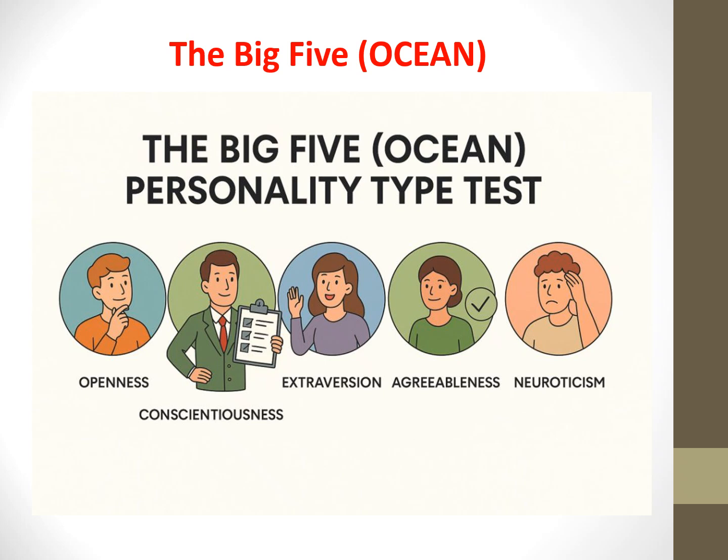The five core dimensions are openness to experience, that is creativity and curiosity; conscientiousness, dependability and goal-driven focus; extraversion, sociability and assertiveness; agreeableness, cooperativeness and empathy; and neuroticism, emotional stability versus reactivity.